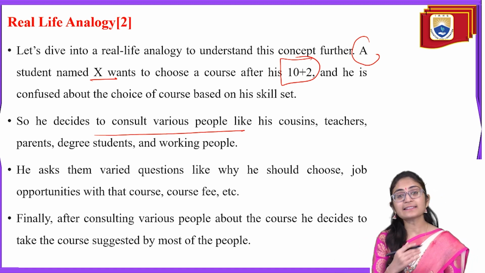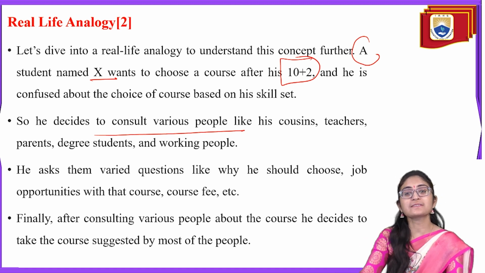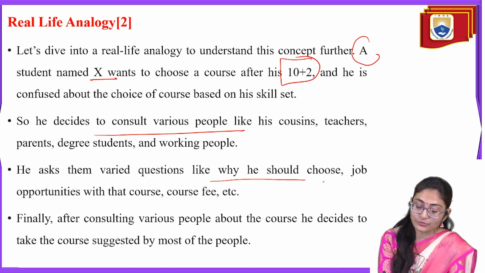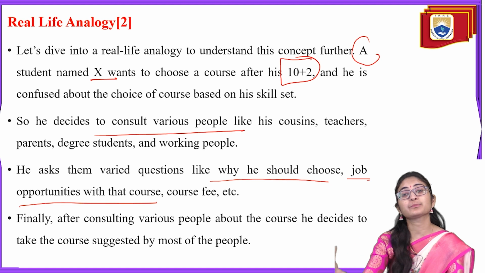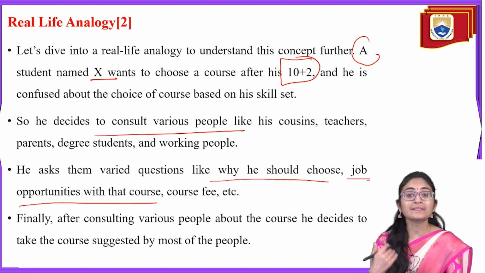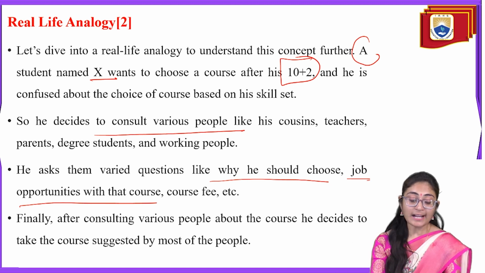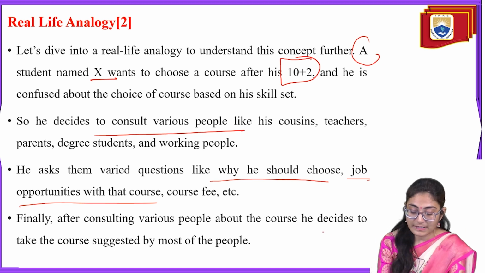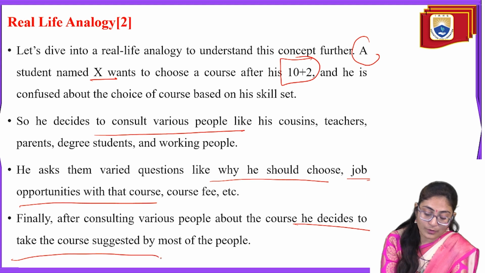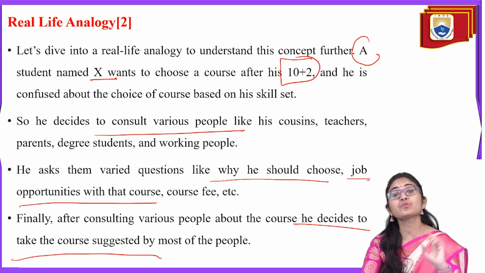He asked everybody different questions, like why he should choose it, what the job opportunities are with that particular course, and what the course fee is. And finally, after consulting various people about the course, he decided to take the course suggested by most of the people.